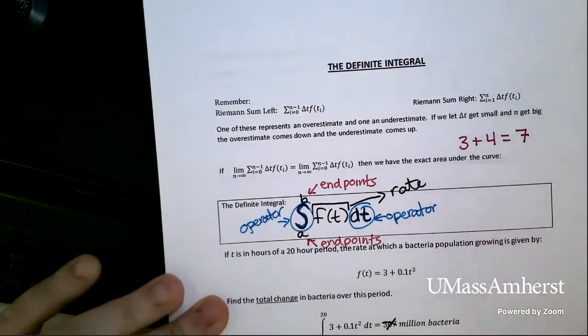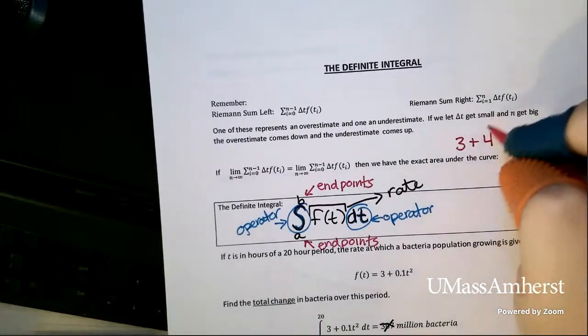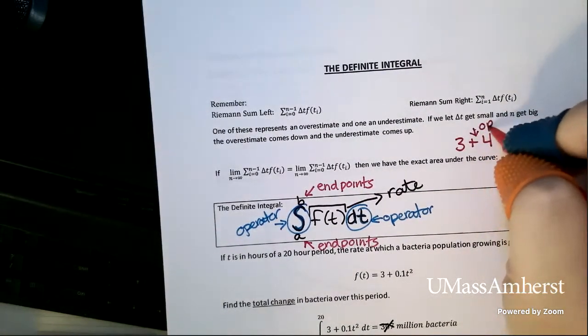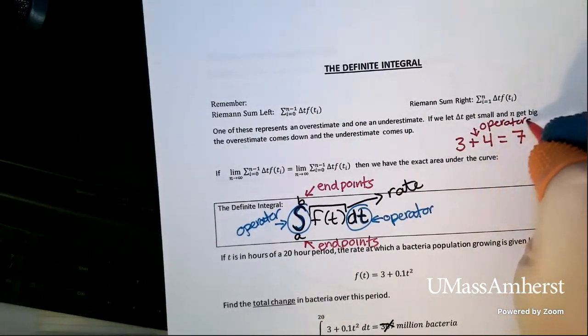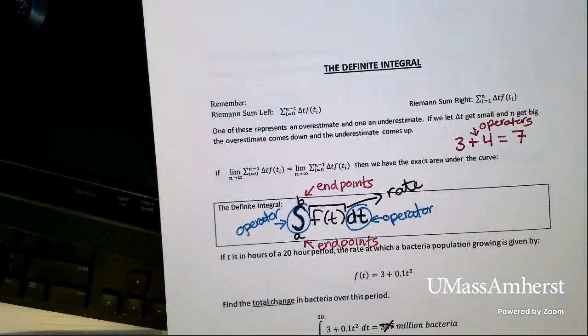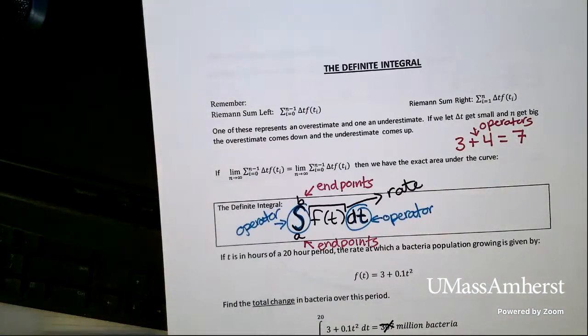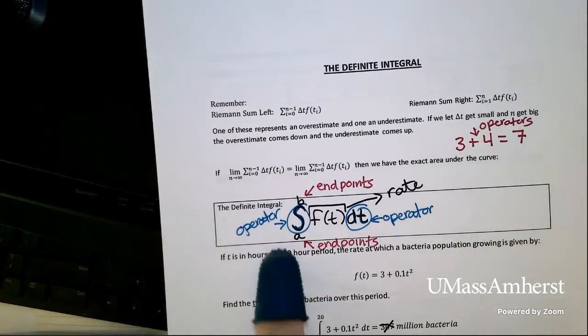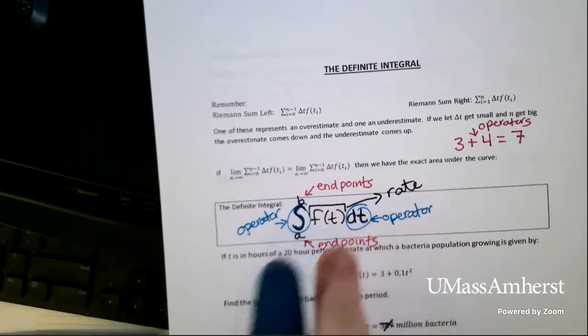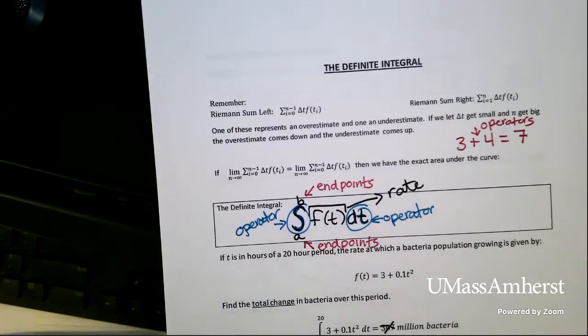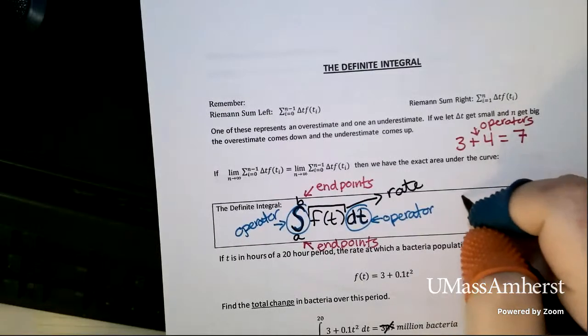And you said 7. The plus is an operator that tells you what to do. It says add these two things together, right? Subtraction is an operator. It tells you to subtract things. In this scenario, what do these operators tell us? The first operator, these are bookends and they have to go together. The first one tells you to find the area under the curve.